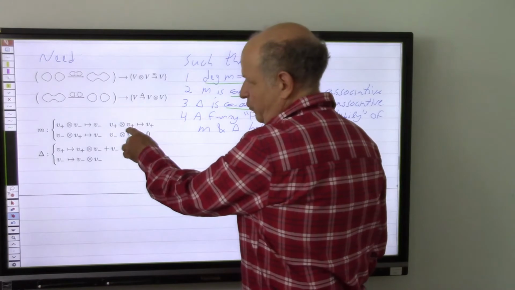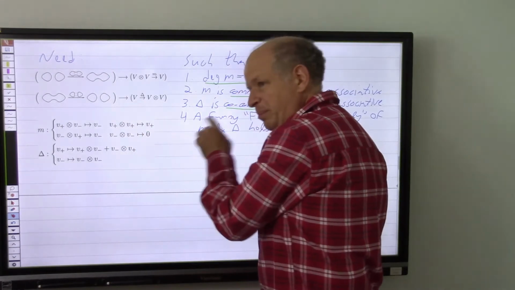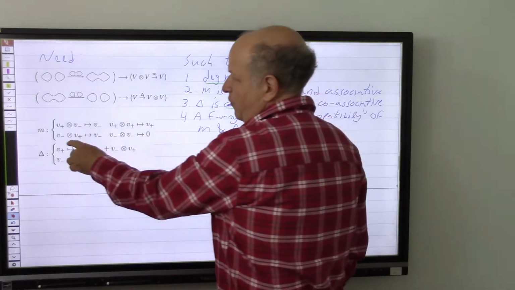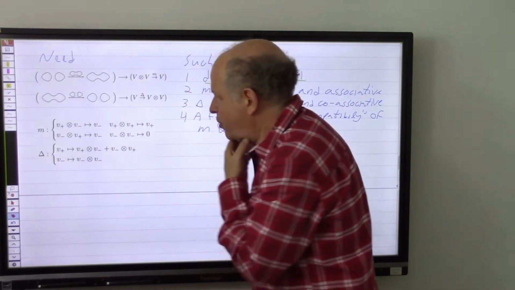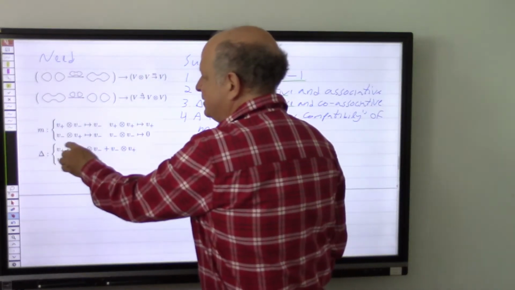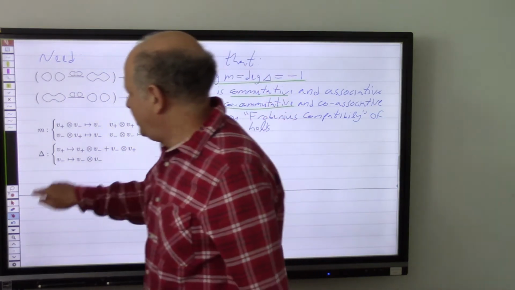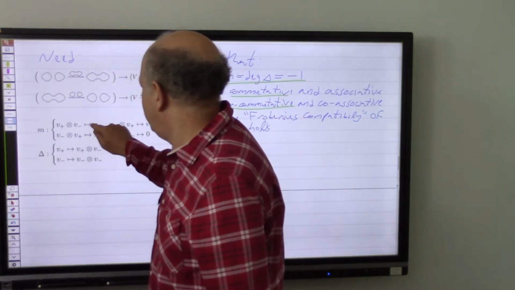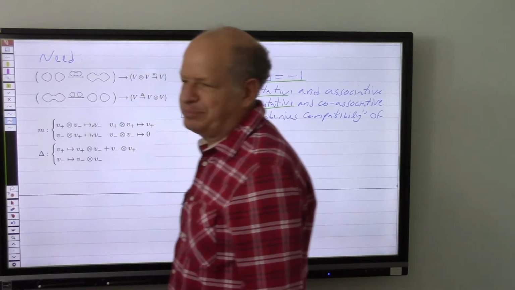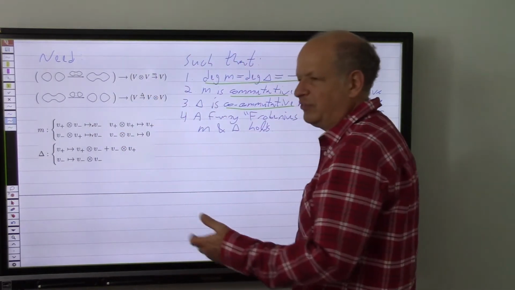V plus tensor V plus is equal to a multiple of V plus. V minus tensor V plus is going to a multiple of V minus, and in fact, necessarily, so these 2 multiples must be the same by commutativity.